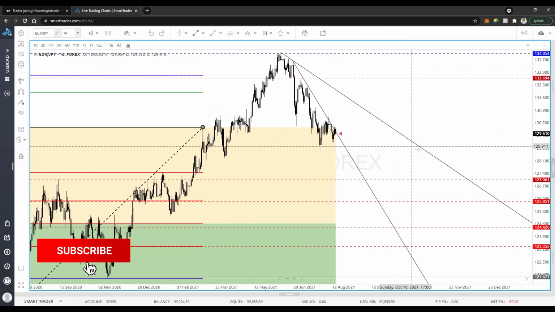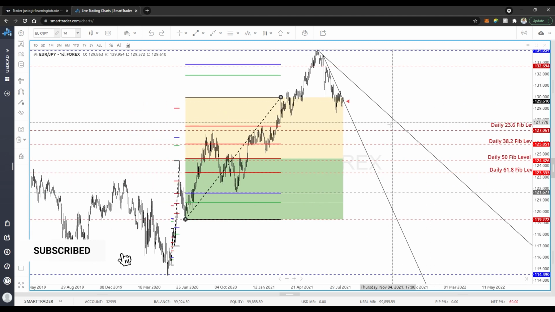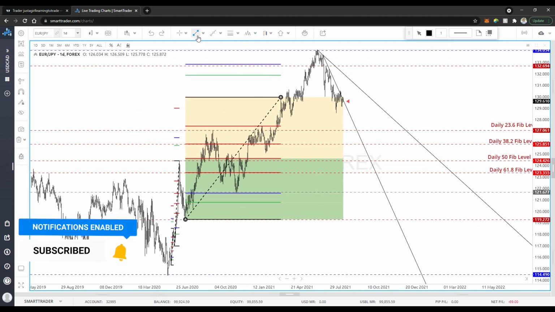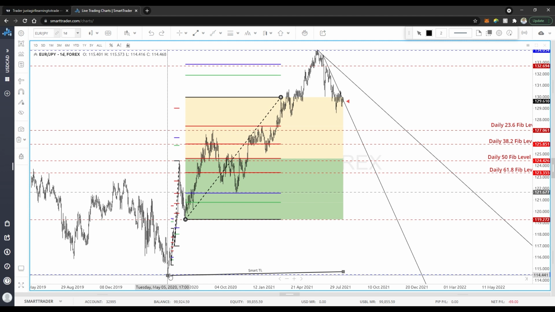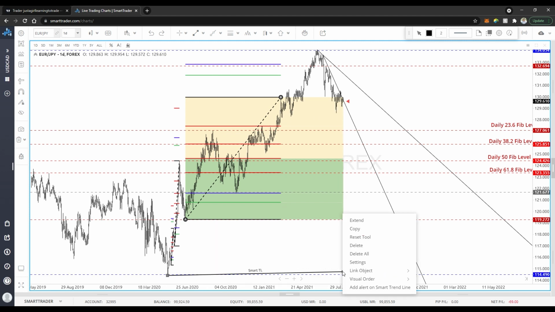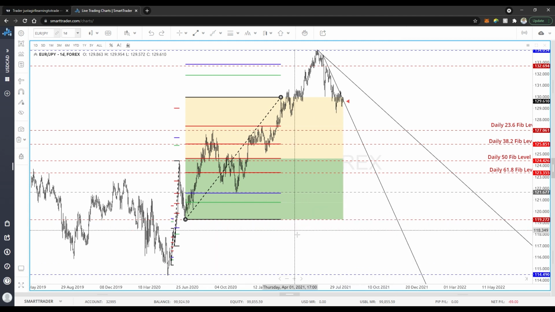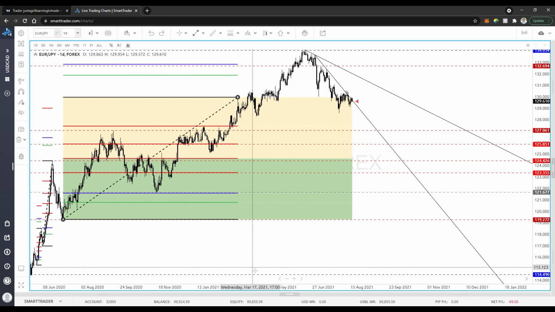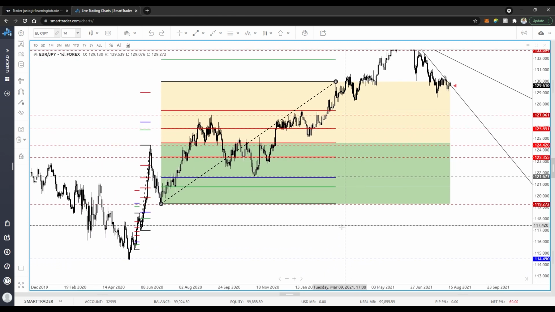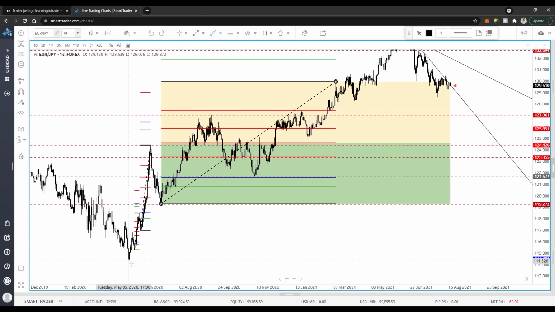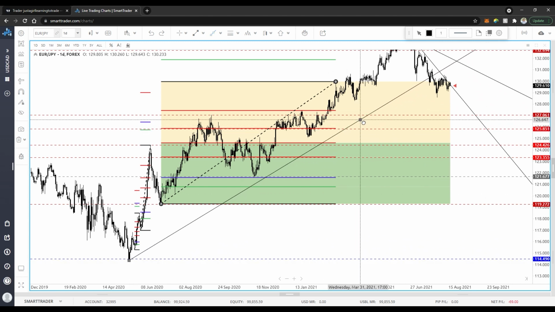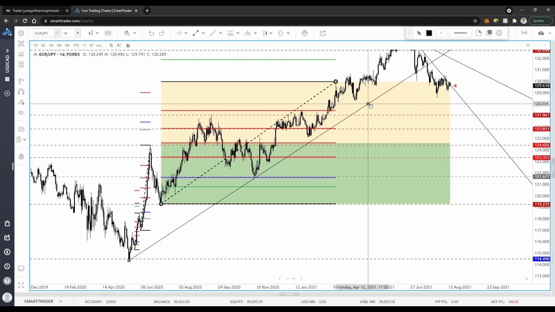Okay. And then I'm just going to draw a big one out here. That's not what I want. Let me delete. So I'm going to take my ray, go from swing low to swing low, and without cutting through candles.